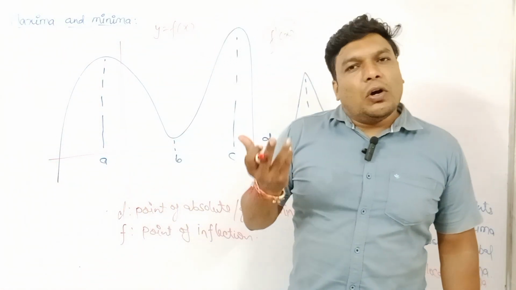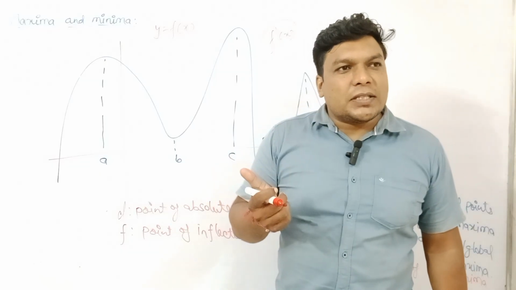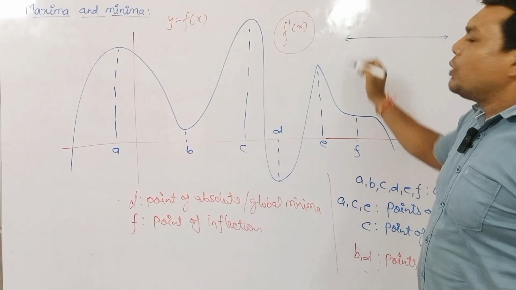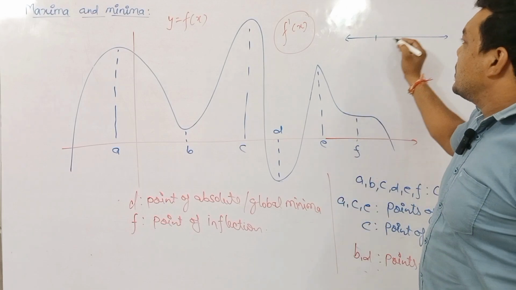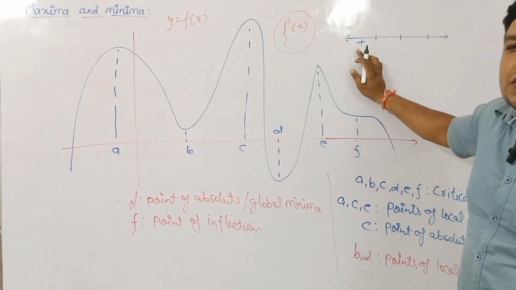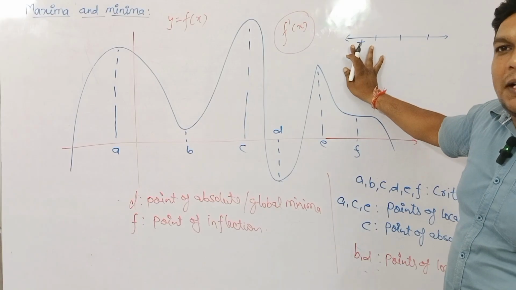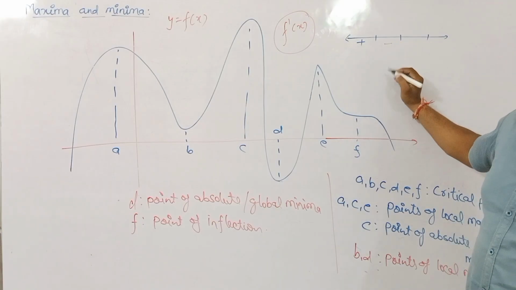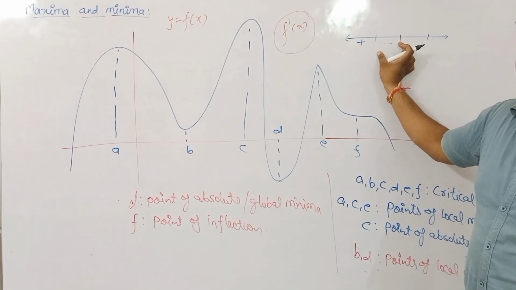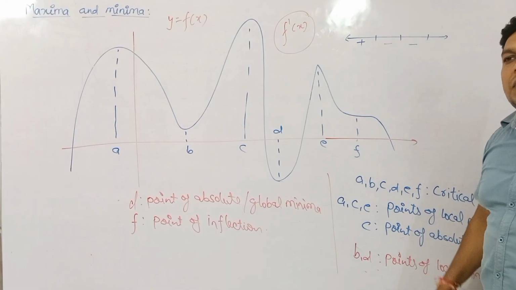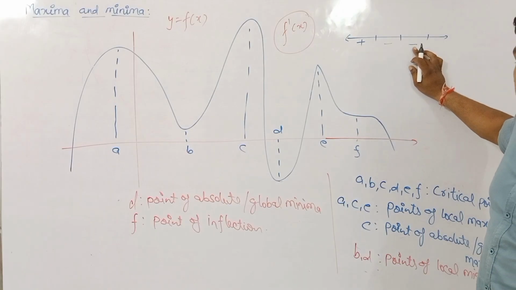Okay, so we already know how to check the sign of f dash x. Now when we talk about increasing and decreasing function, we talk about intervals. Suppose these are the intervals. If the sign of f dash x is positive in this interval, then the function is called increasing. If the sign of f dash x is negative in this interval, then the function is decreasing. Suppose the sign is again negative, then the function is decreasing in this interval.